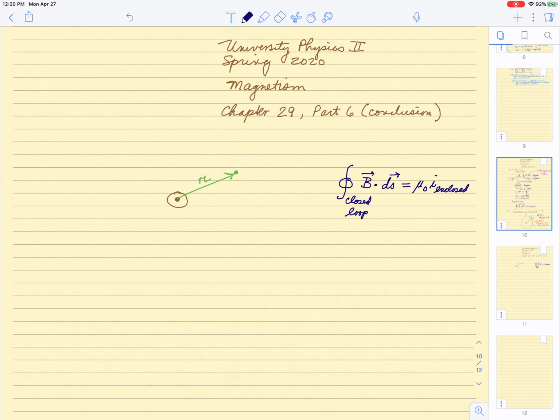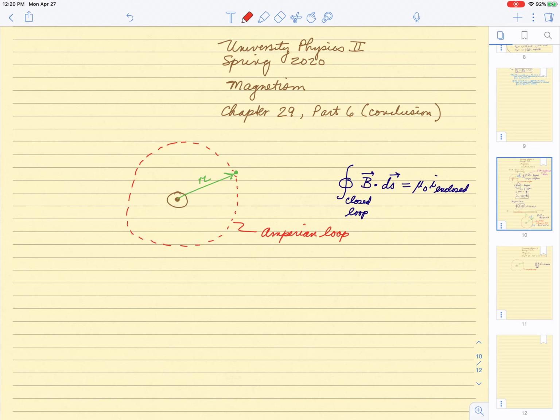Just like in Gauss's law, we imagine that we have a closed loop. Remember, this was called an Amperian loop, a closed loop, distance r away.